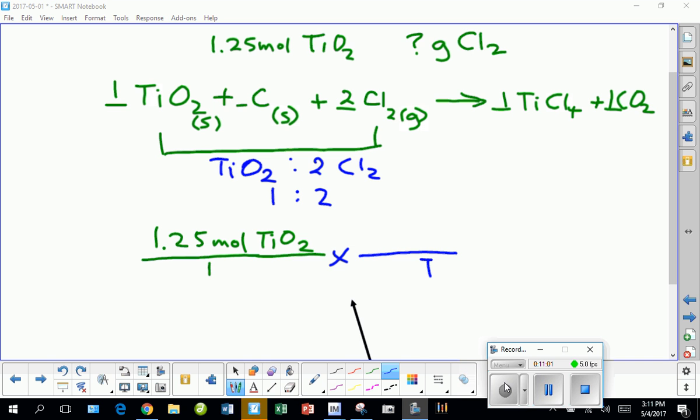And TiO2 has to be on the bottom so that we cancel out the TiO2 up here. And this is also moles, and TiO2, that is, has a coefficient of 1. Chlorine has a coefficient of 2, so it's 2 moles of Cl2. And boy, we're done. Done deal here.